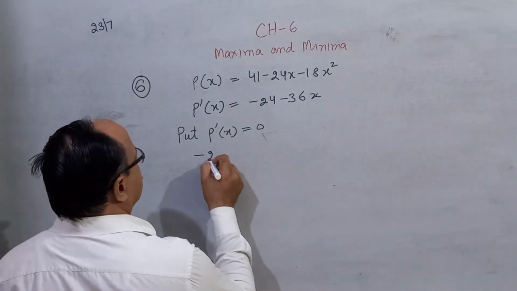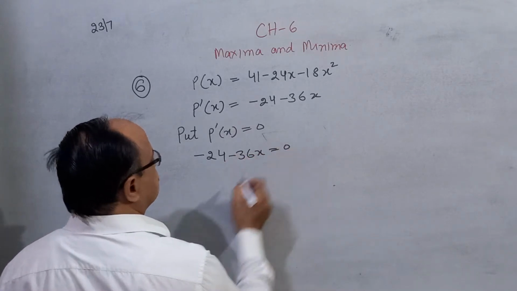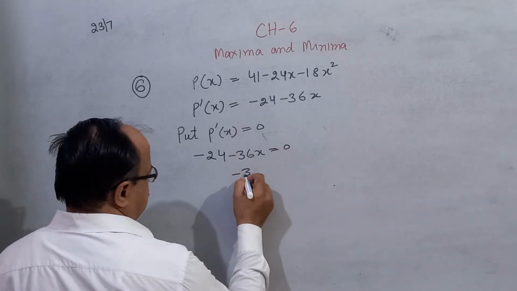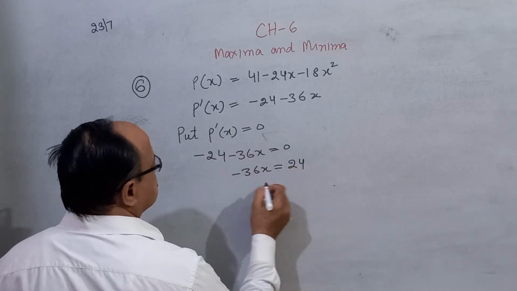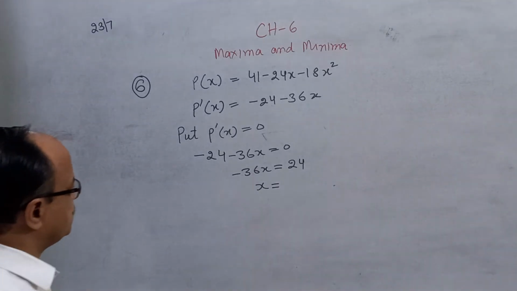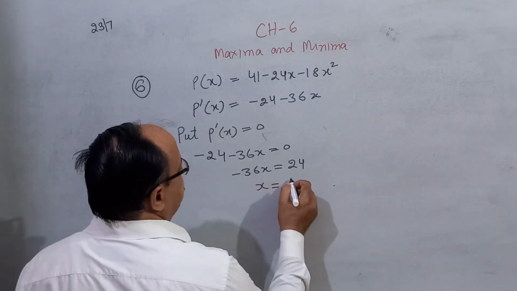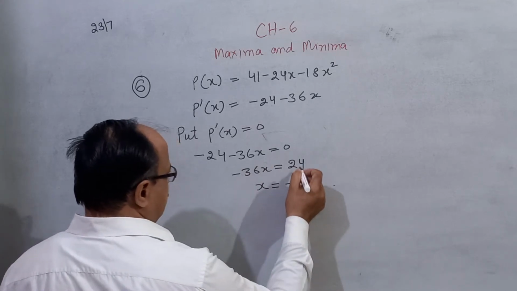Then you know that minus 24 minus 36x is equal to 0. Minus 36x is equal to 24. Therefore, x is equal to 24 by 36, that is minus 2 by 3.